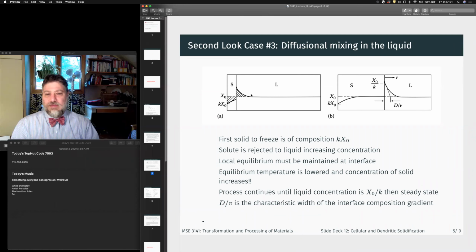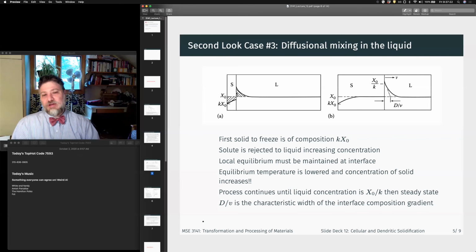So what does that mean about my growth rate? When we talked about growth, we said it's proportional to the undercooling, and the greater the undercooling, the greater the growth rate.